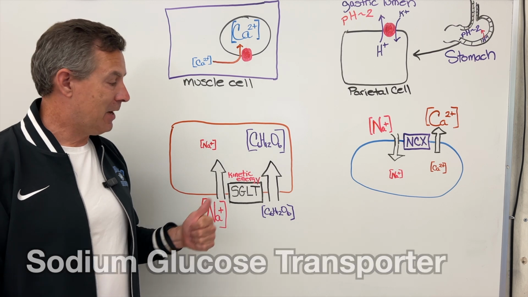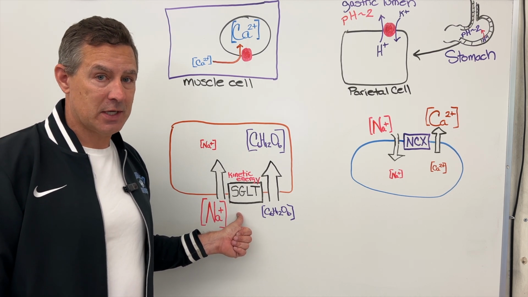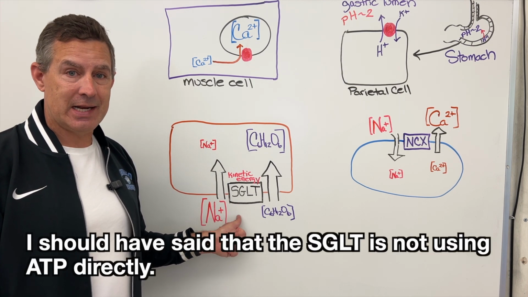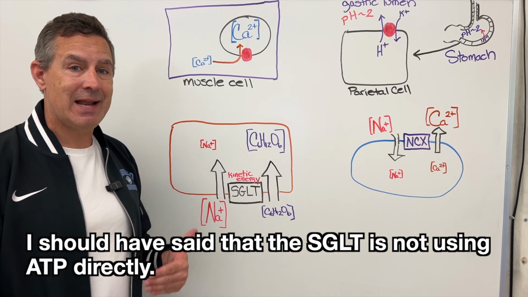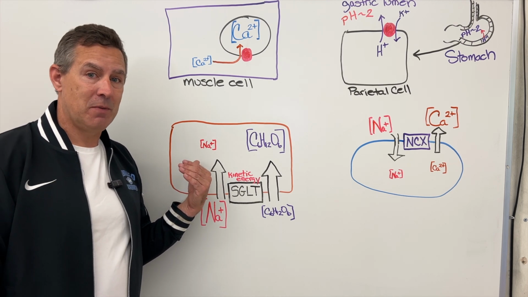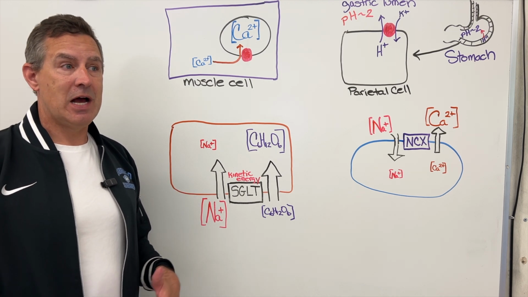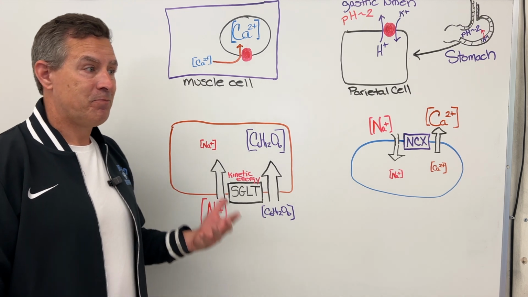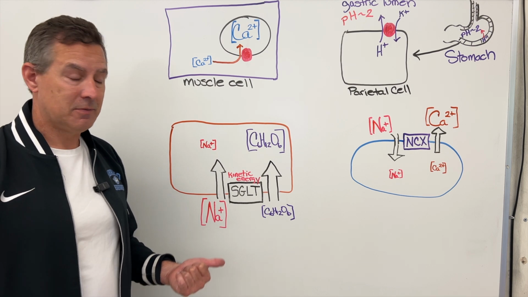Now, one thing to keep in mind, as I've described this, no ATP is needed for this process. The SGLT is utilizing kinetic energy. But it's very important to understand that if we didn't have the sodium-potassium pump functioning here, I realize I don't have the sodium-potassium pump drawn in this image, but please keep in mind, nearly all cells, dare I say all cells of the body, have sodium-potassium pumps to maintain their chemical gradients.